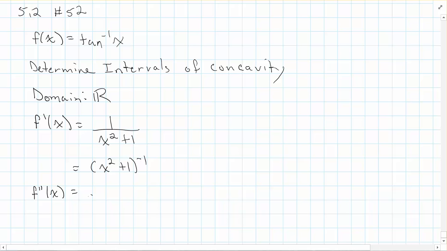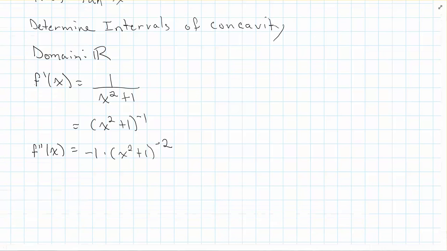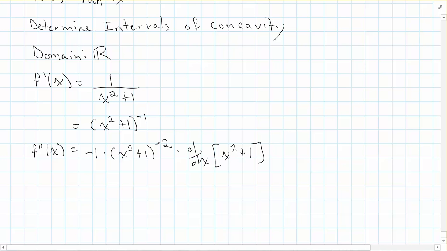I'd get negative 1 times x squared plus 1 to the negative 2 power times the derivative of x squared plus 1 because of the chain rule. So this would be equal to negative 1 times x squared plus 1 to the negative 2 power times 2x.